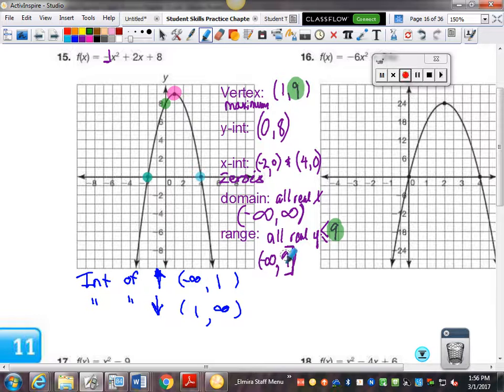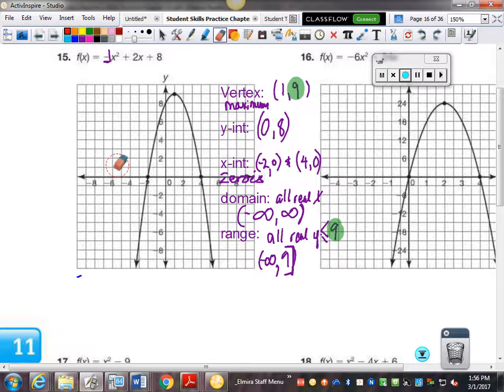Or we can write it as -infinity to 9. Okay? Let's talk about interval of increase and decrease. Let me erase some of this. Again, find that vertex, come down to the x-axis, and I highly encourage you to color code.